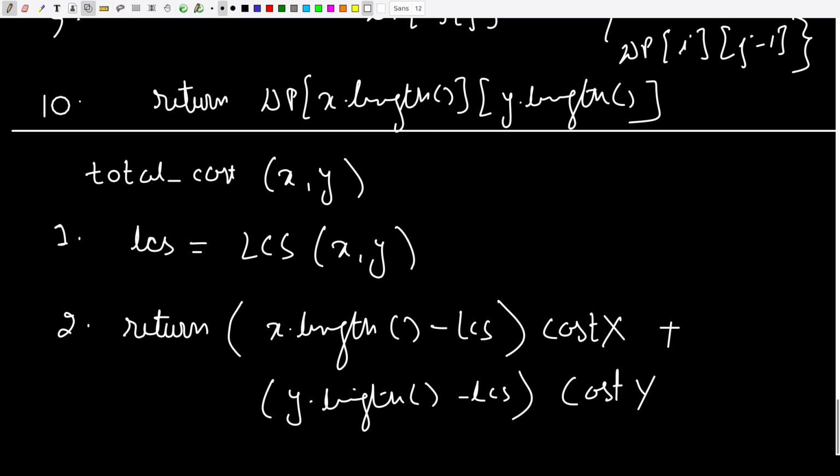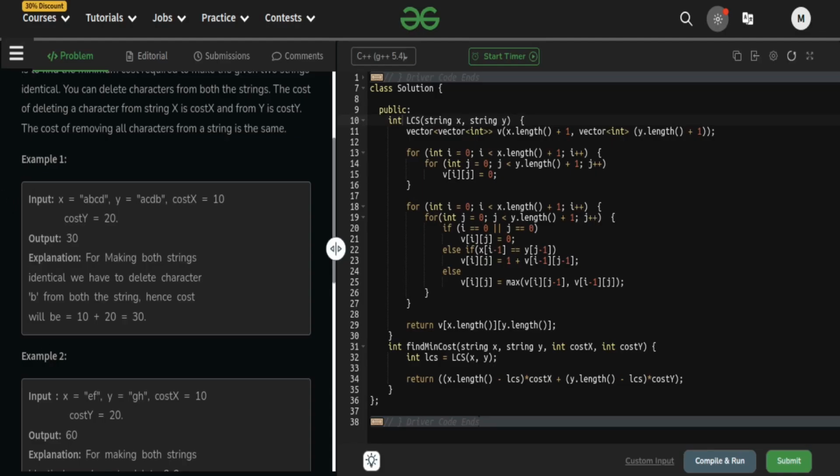Now let us see how we have implemented this in C++. The first thing we are doing is computing the LCS. We take a DP table of size x.length plus 1 and y.length plus 1. Then we are iterating on the DP table. If one of these strings is an empty string, then the DP table entry will be 0.